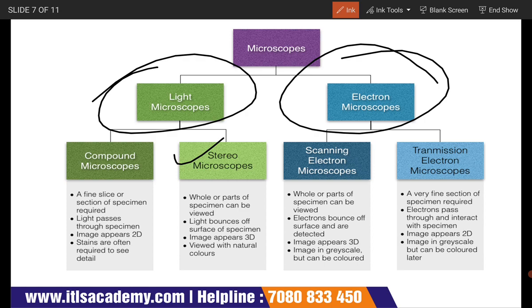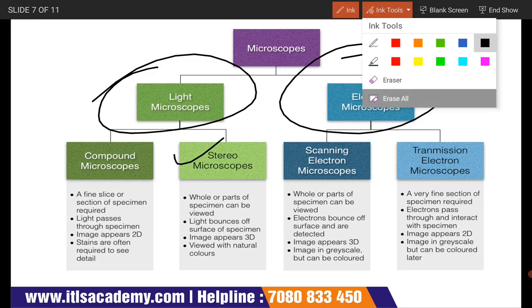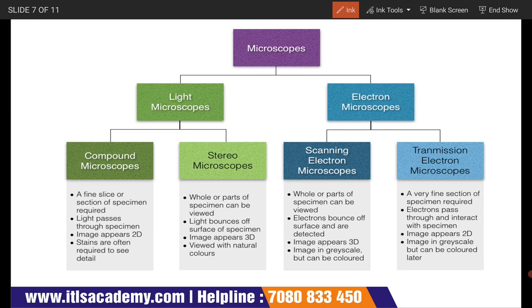Regarding this slide, there are some questions that generally arise in exams. They can ask what the difference is between a compound microscope and a stereo microscope. They may also ask about the scanning microscope and the transmission electron microscope.